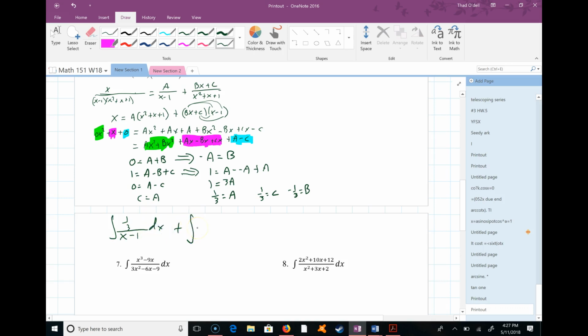And the other one is going to be negative 1/3 x plus 1/3 over x squared plus x plus 1 dx.